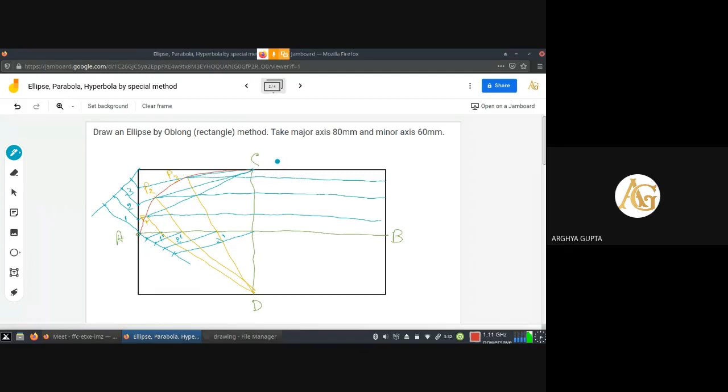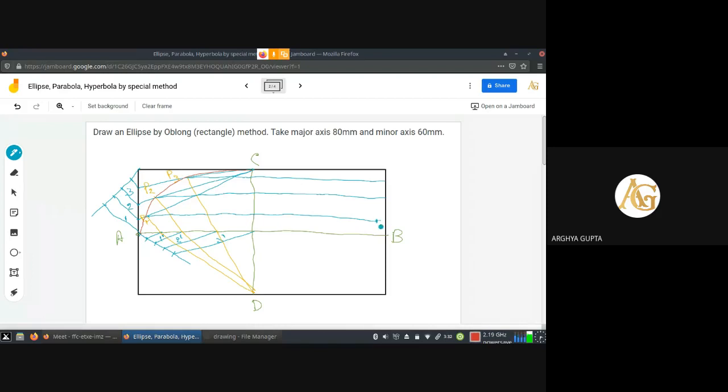Now we have to measure the distance of P1 from the vertical line CD. So this distance, starting from this point up to P1, we have to take with the divider and cut the point here.